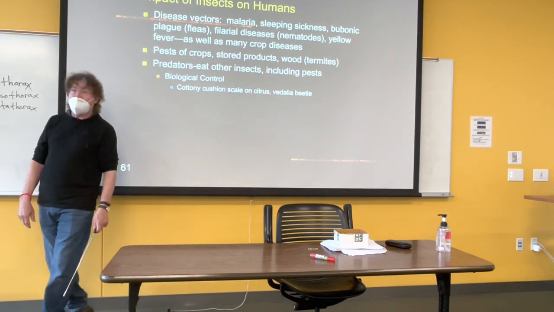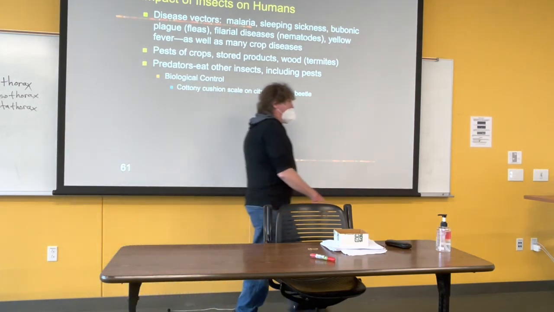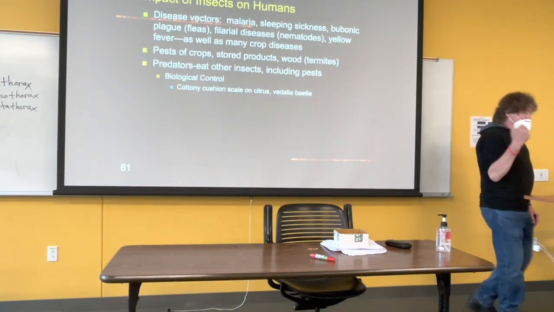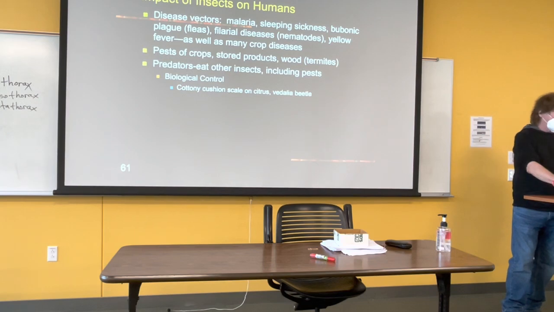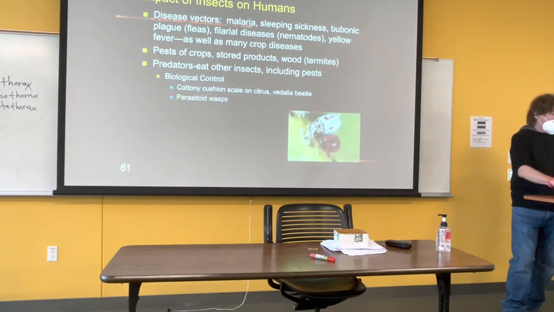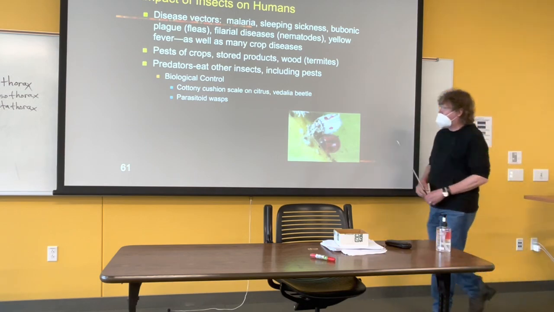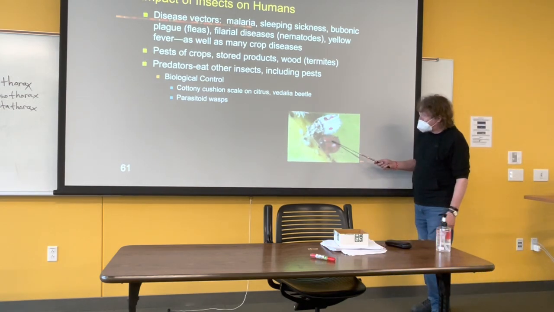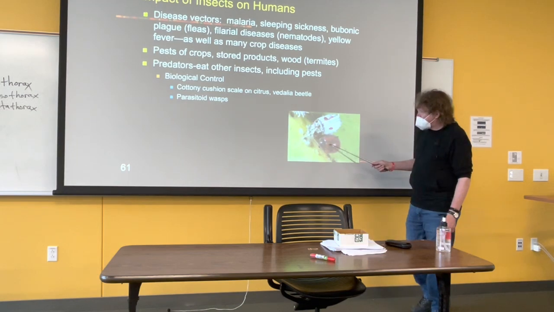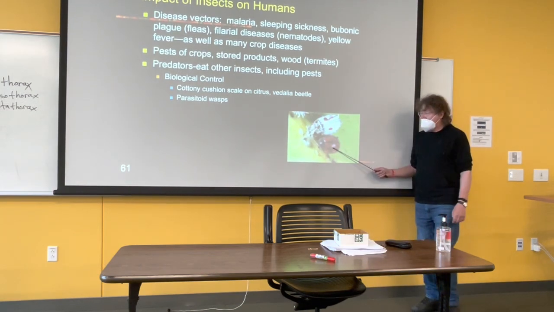And that was the whole idea of biological control. And that was a successful story, because we still have Cottony Cushion scale here in California, and we have the Vedalia beetle as well. This is the Cottony Cushion scale, and the Vedalia beetle right there. This is the scale, and that's the beetle.